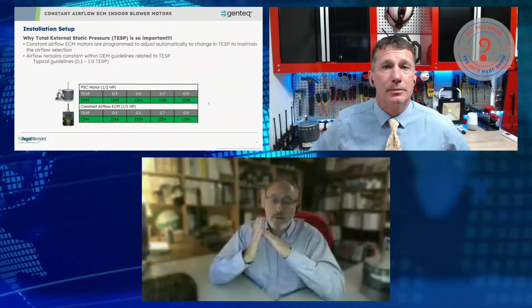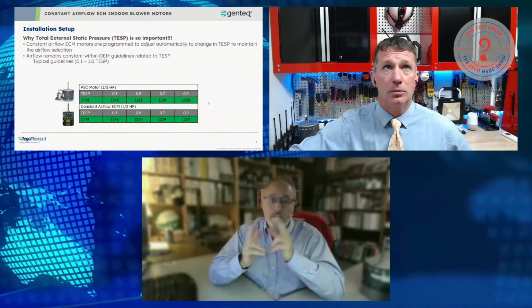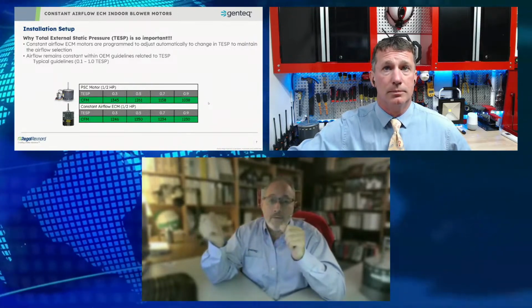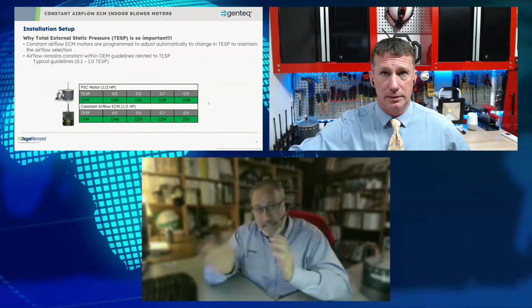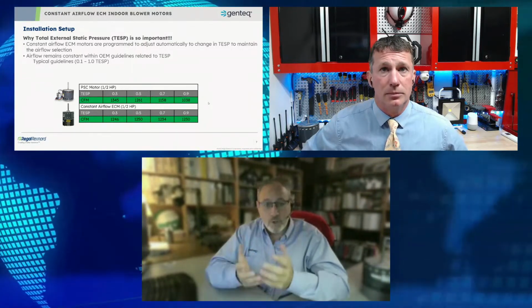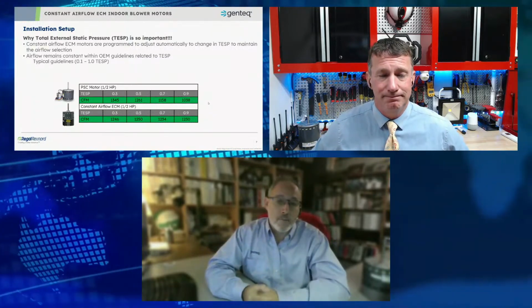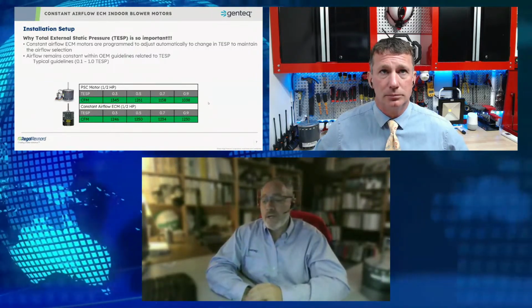Once it's taught those 4 points, the motor's simply monitoring torque and speed, because it can monitor its own power consumption. And we use the permanent magnet rotor as our Hall effect sensor, so we don't need a Hall effect sensor. The rotor gives us our own feedback signal to give us rotor positioning and RPM. So we can monitor all of that, and we can set that airflow based on those parameters.